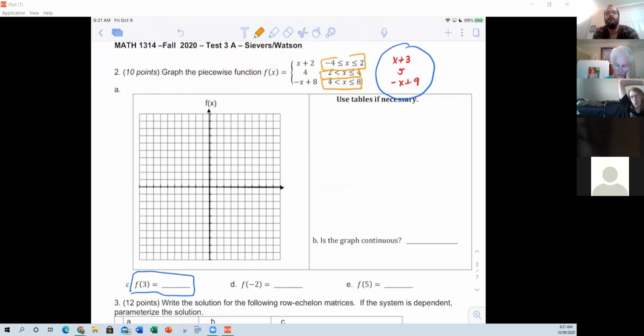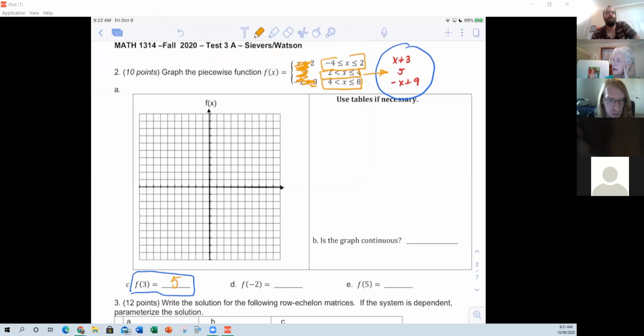Where does 3 fall? That would be the middle one, wouldn't it? Uh-huh. And so on your test, that would mean that f of 3 would be 5.